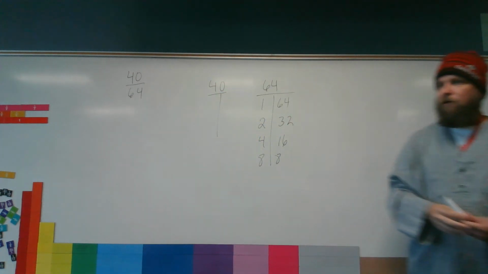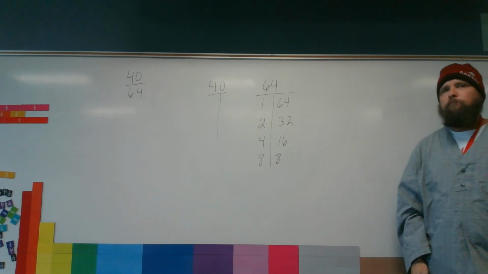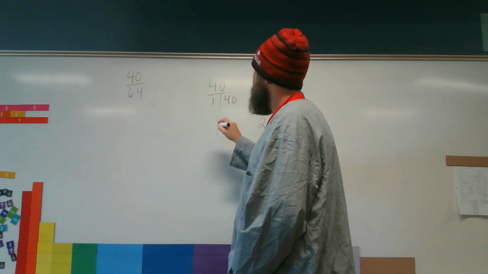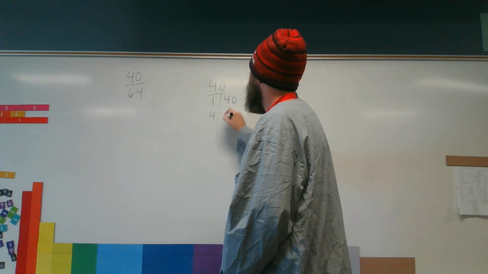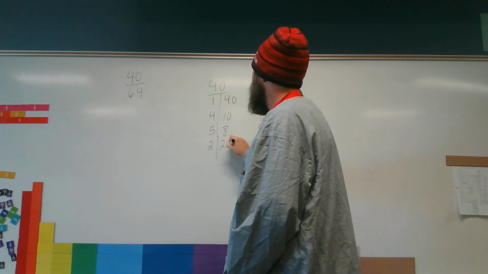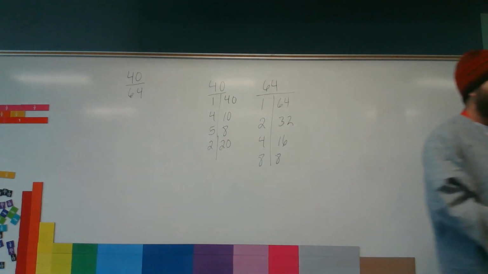Cam, can you help me with the factors of 40? 1 times 40. 10 times 4. 5 times 8. And 2 times 20. Good.